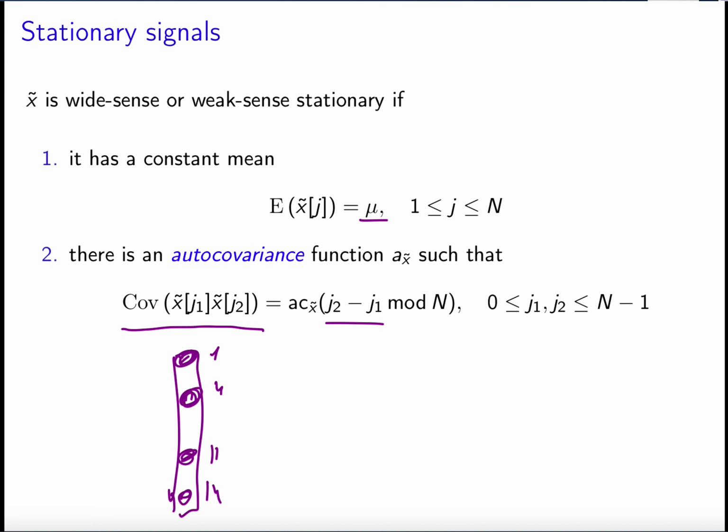That covariance is given by an autocovariance function that only depends on the difference. Remember that we're doing everything mod n, but you shouldn't worry too much about it. This just produces some edge effects that you have to deal with when you deal with real data. But the point is that the covariance only depends on the difference between the indices.